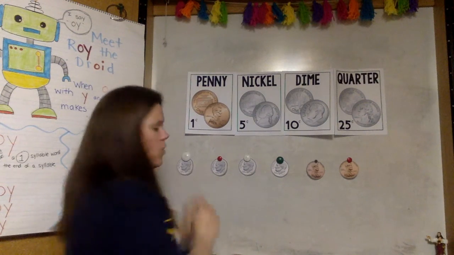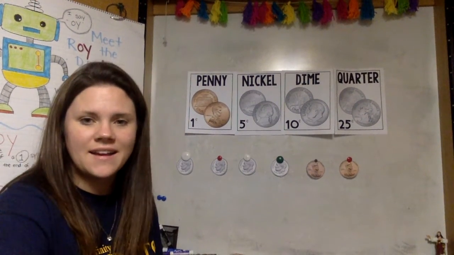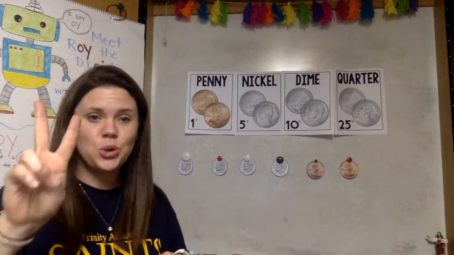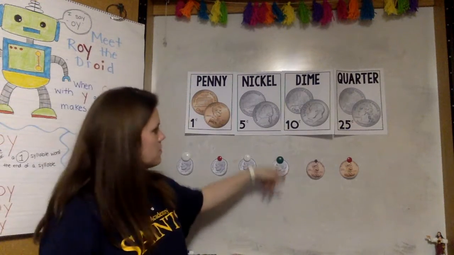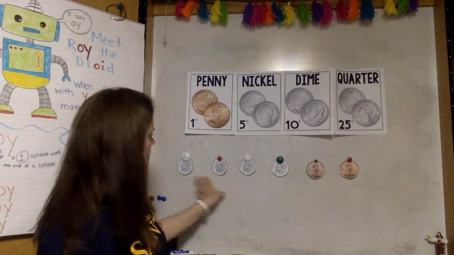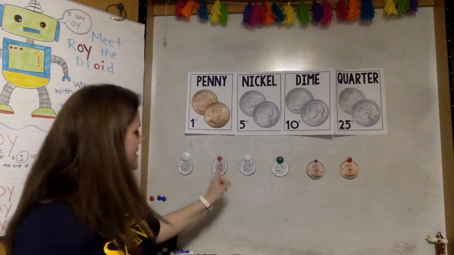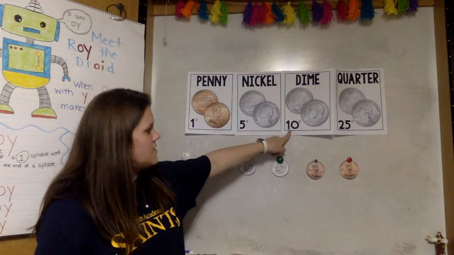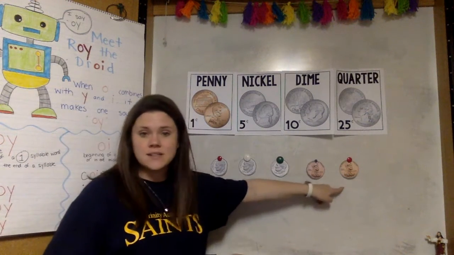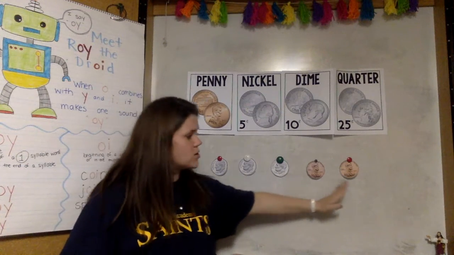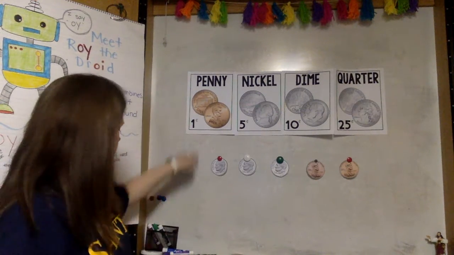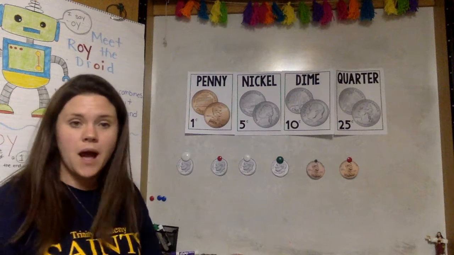Whoa! 4 dimes. All right, guys. I'm going to have to use 2 different strategies here. First, I'm going to count by tens. I see my dimes. I recognize those are dimes or heads up dimes, right? I have to count by tens. And I have pennies. So after I count by tens, I'm also going to have to count by ones. So let's start counting by tens.